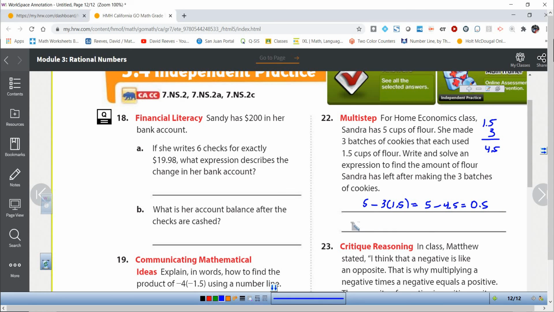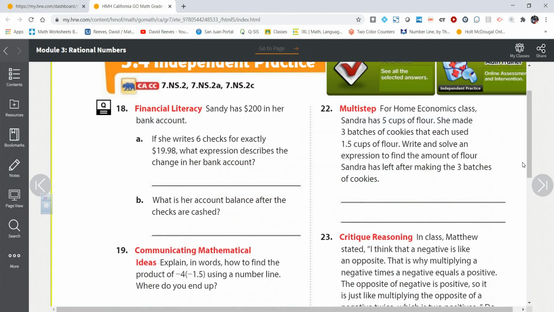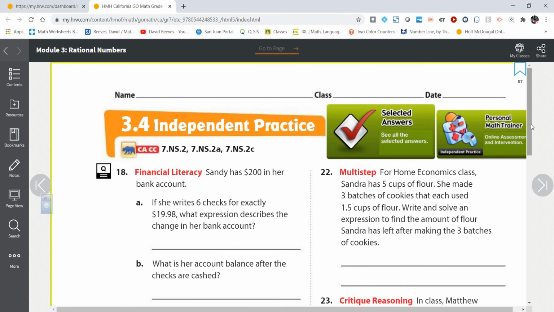All right, so she has 0.5, or hopefully you all know that is the same as 1/2 cup left. Okay, 1/2, that's a half.